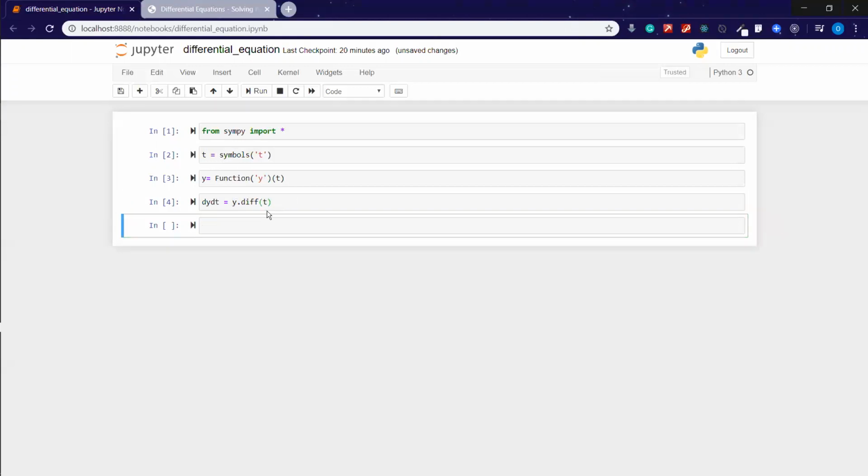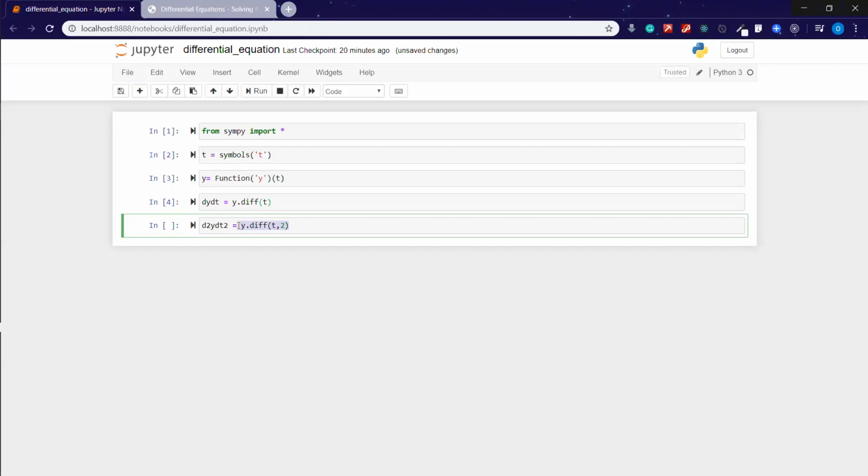Similarly, I can define my second order derivative as d square y dt squared and that's equal to y dot diff t, 2. So 2 here means that this is a second derivative with respect to t.